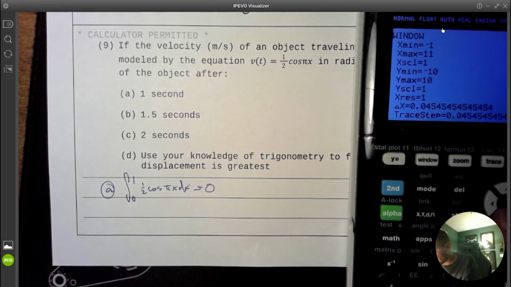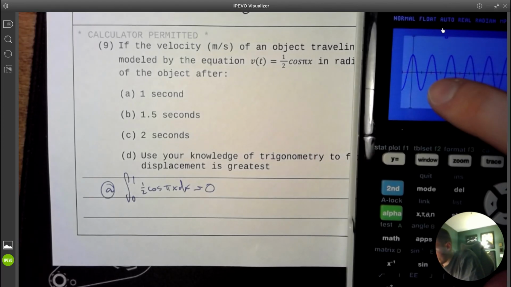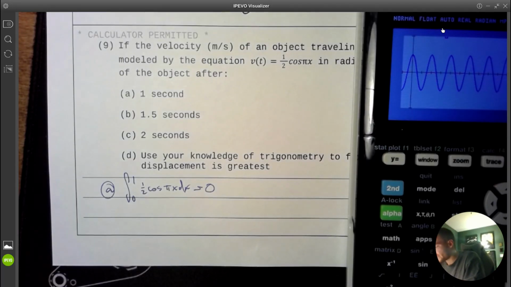Let's just do 11. And we want to look from -1 to 1. Yeah, so it's just going up and down. So the area under the curve from 0 to 1 is the positive piece and then the negative piece, and they're the same, so it makes 0.